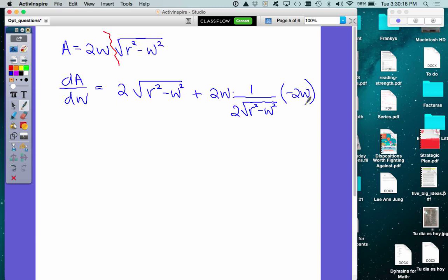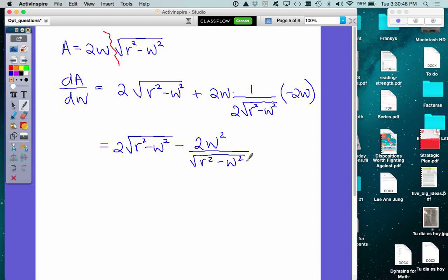Okay, so I can clean this up, and I'm going to be left with 2 times the square root of r squared minus w squared. And here I can see these 2's cancel. I got a minus coming out to the front, so I'm going to have negative 2w squared over the square root of r squared minus w squared.